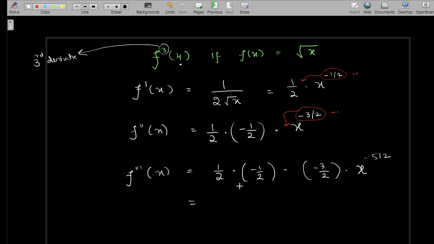Okay, now let's simplify this. So multiply all these three coefficients. What will you get?